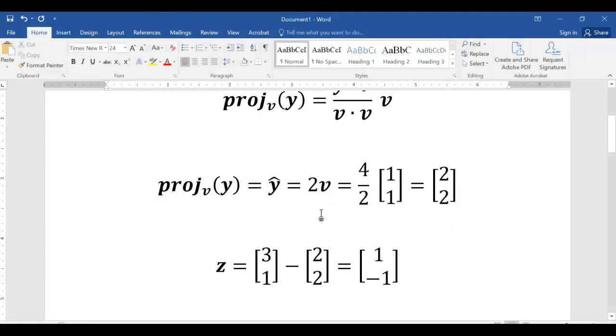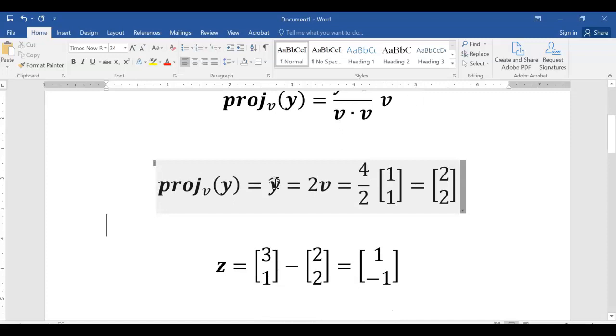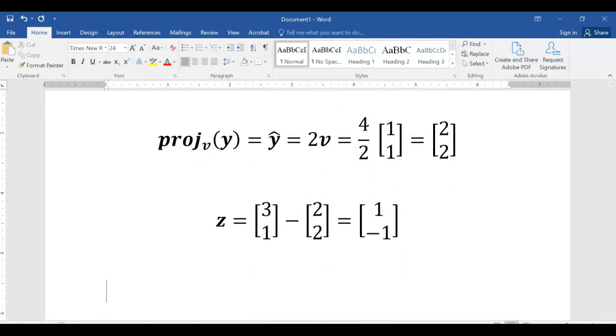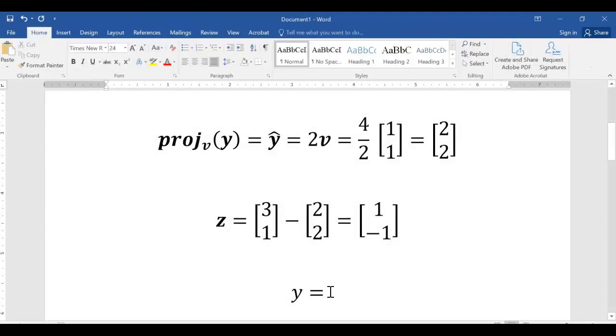So anytime we see a y, it is y hat plus z. Hopefully that makes sense. y can always be replaced with y hat plus z.